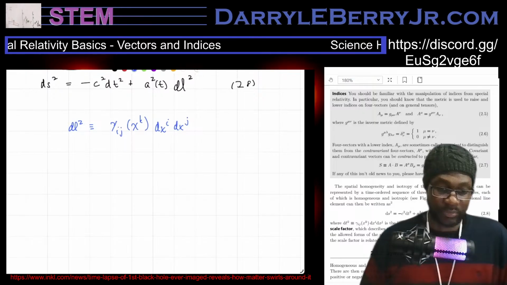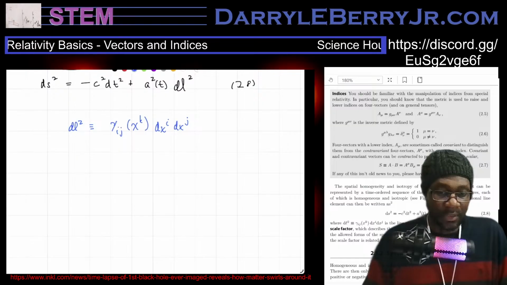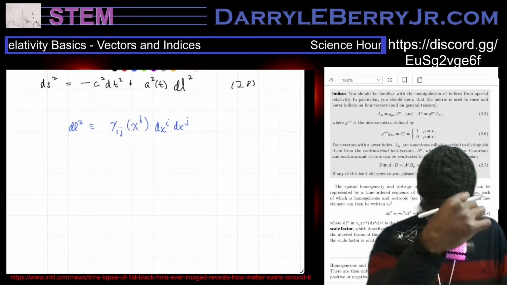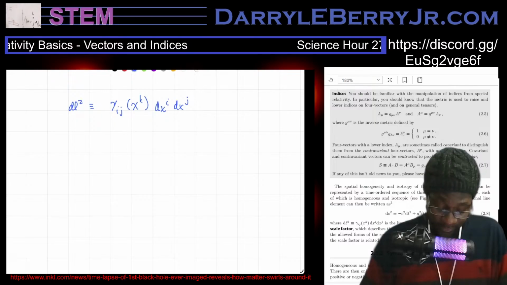So it's been a while, but some of you may remember the Einstein convention where duplicated indices are summed over if one is up and one is down.